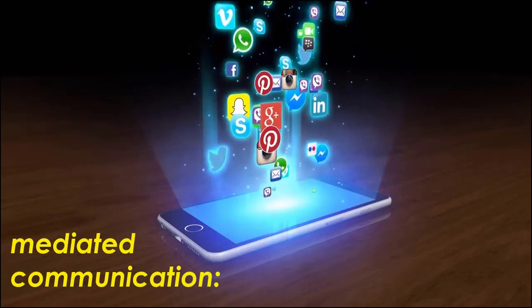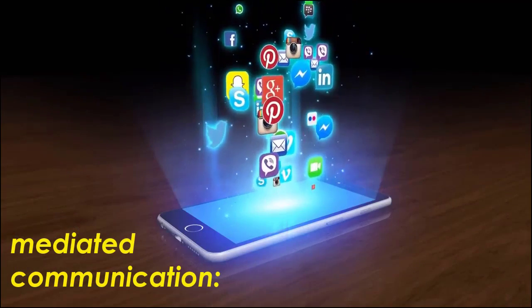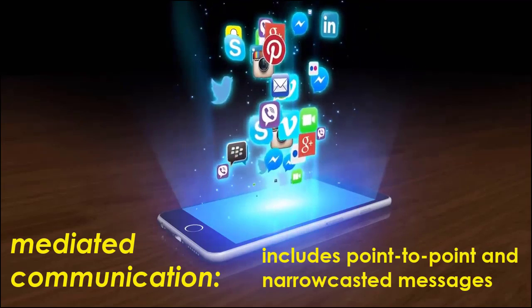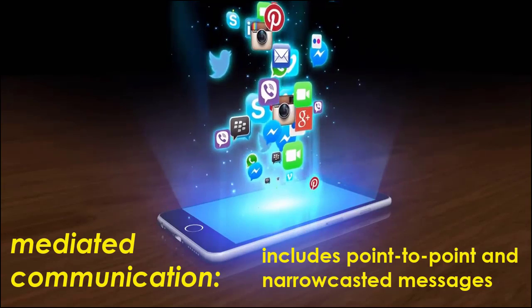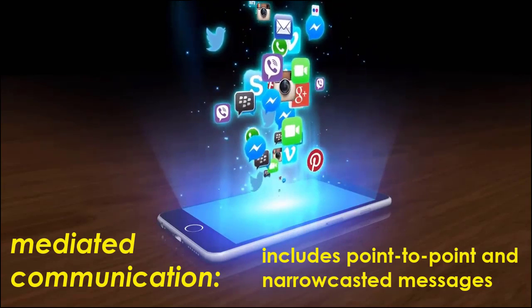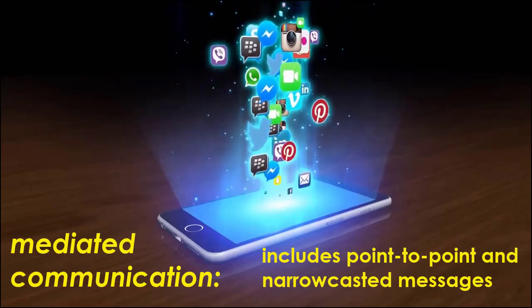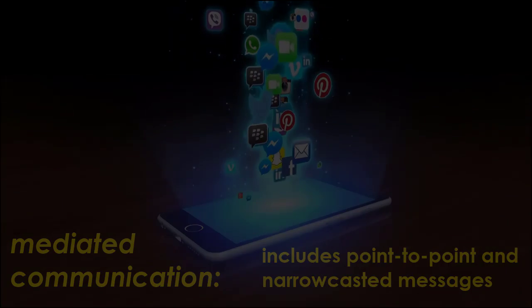Mediated communication, of course, includes mass communication, but isn't limited to just that. It involves any kind of communication that utilizes a technology as a channel, including point-to-point and narrowcasted messages that are aimed at just a few people, or maybe just from one person to another person.